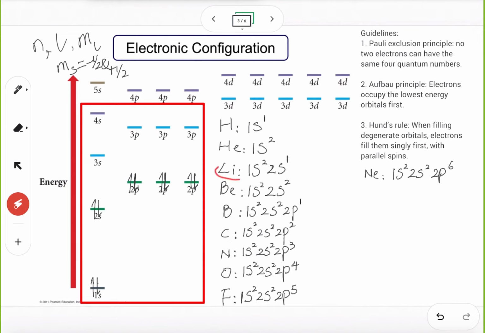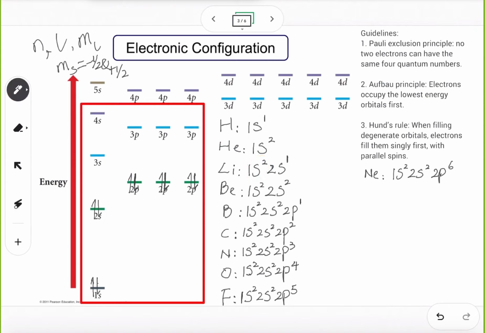Let's use lithium as an example. If you compare lithium and helium, helium is 1s2, lithium is 1s2, 2s1. So in order to make the electronic configuration of lithium simpler, we can use helium to represent the 1s2 electrons for lithium.